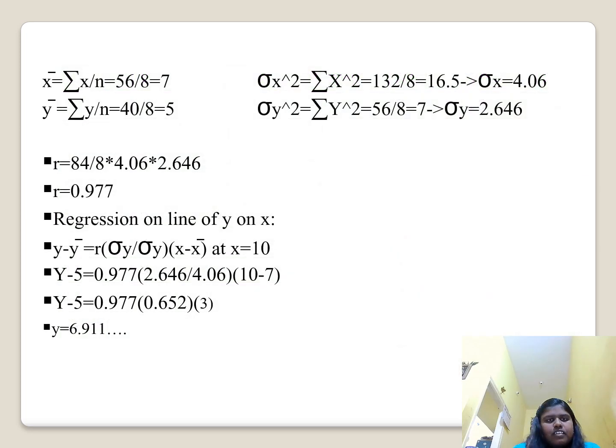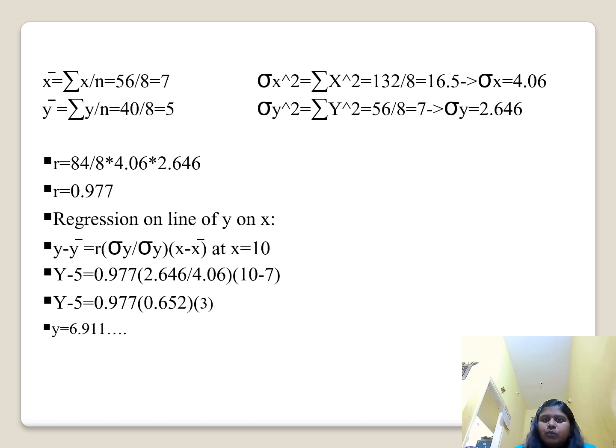So as we have discussed, x bar is equal to summation x by n, which is 56 divided by 8, that is 7. Y bar is equal to summation y divided by n, which is 40 divided by 8, that is 5. Sigma x square is equal to summation x square divided by n, which is 132 divided by 8, that is 16.5.